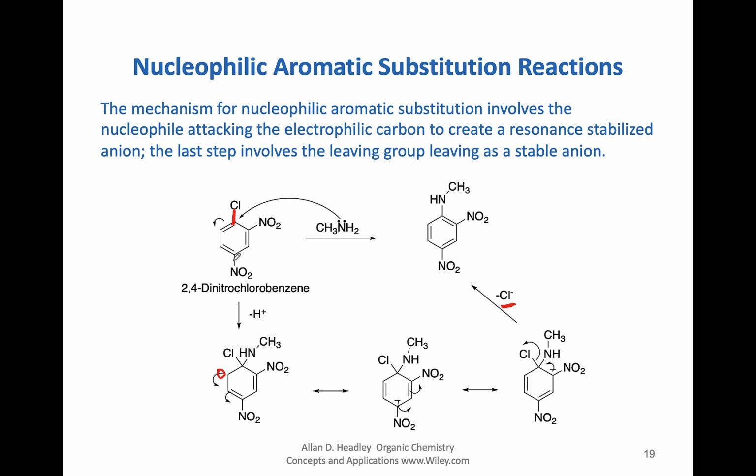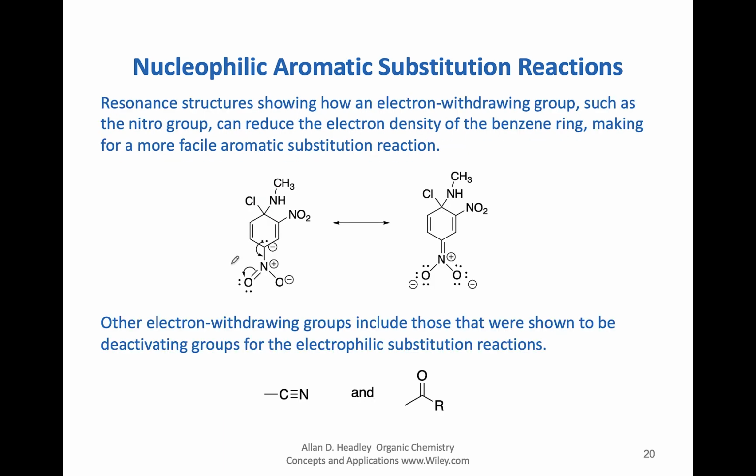But notice we said electron withdrawing group. What is it really doing? Let's look at the next slide here. So if we have this, for example, here's the nucleophile bonded to this carbon, and these electrons are now delocalized in the ring. But it's possible for these electrons to be delocalized onto the oxygen.